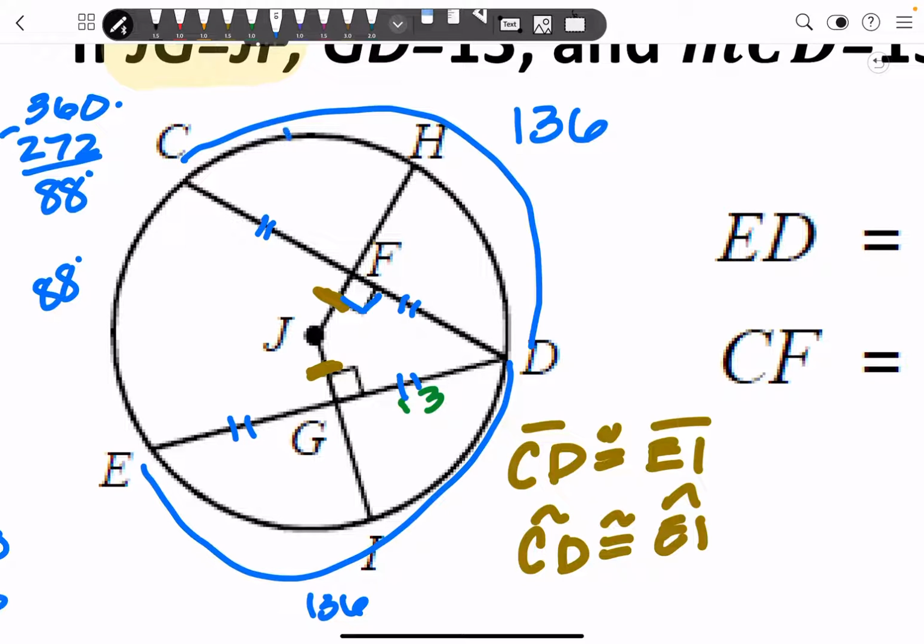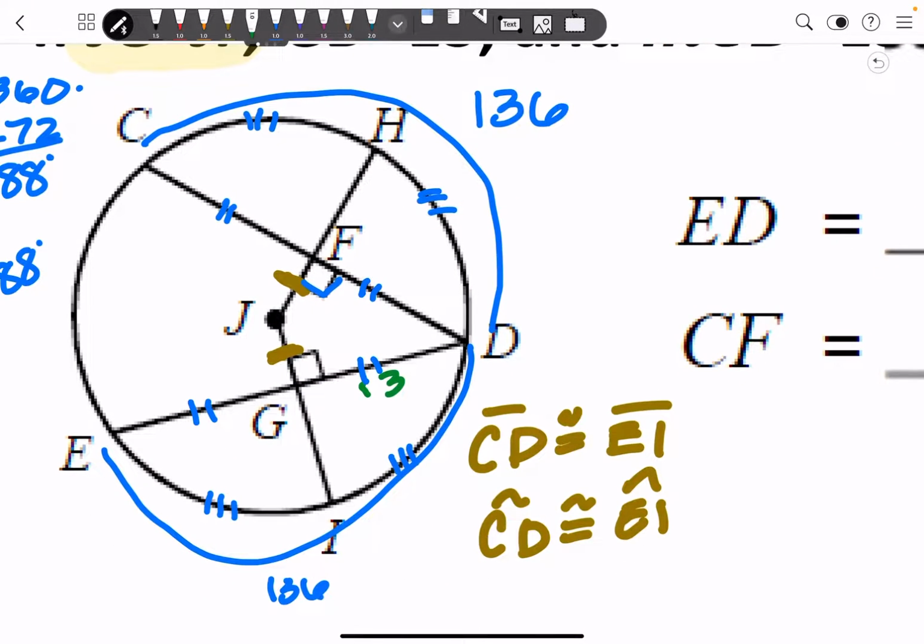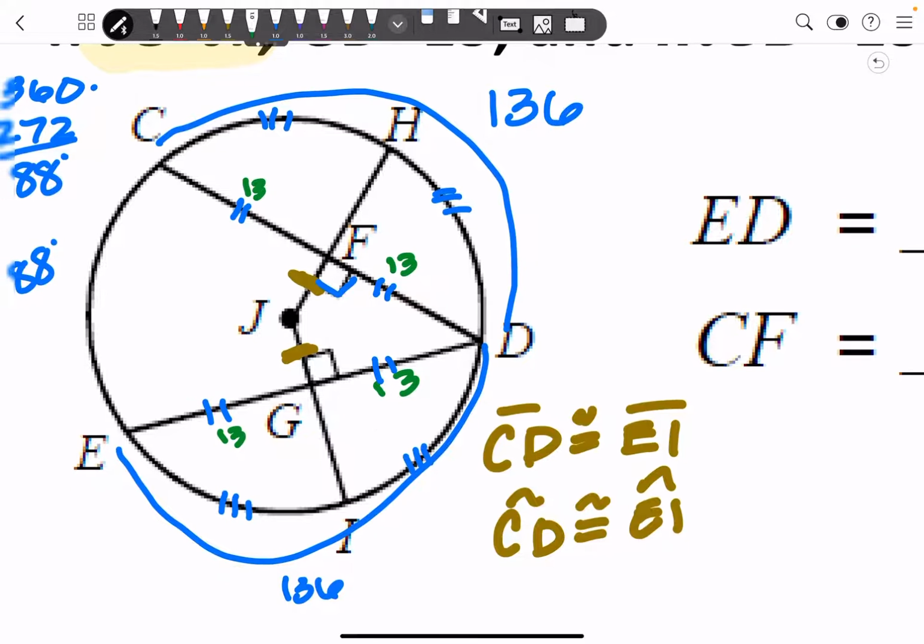It also means these are congruent in both the length and its measure, meaning in both degrees and how long it is. All right, and you see how they've told us that GD was 13? Well, guess what? Now we can say that this is 13, and this is 13, and this is 13. Oh, interesting. So if that is 13, that means that entire thing we could figure out would be 26. Fun how that works out, right?